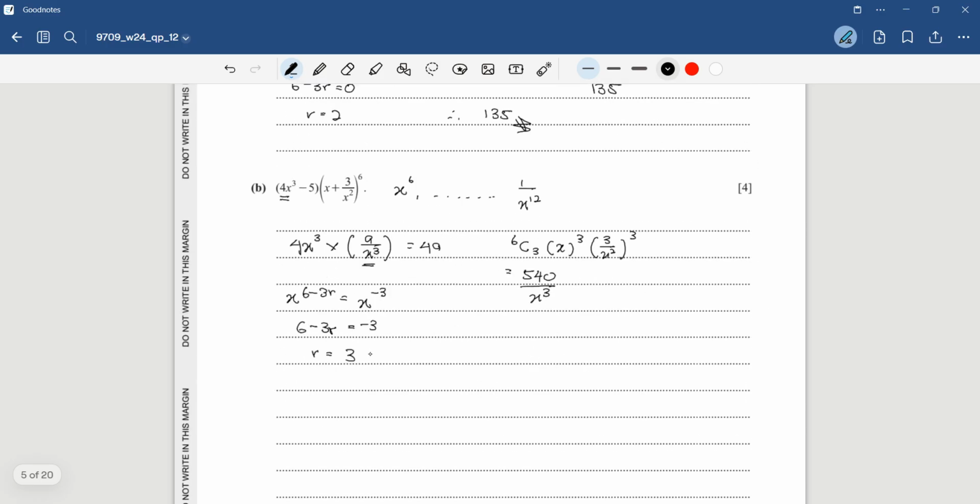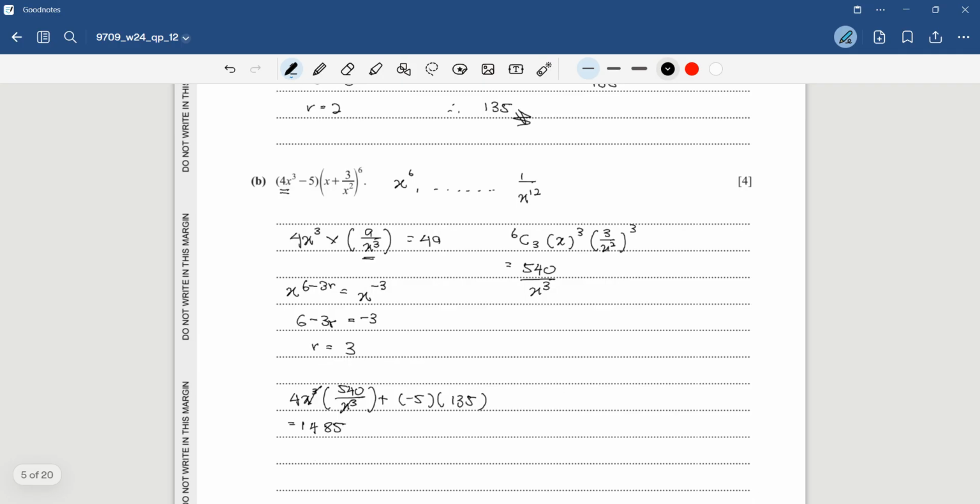Therefore, the independent term will be 4x cubed multiplied with 540 over x cubed plus negative 5 multiplied with 135. Okay, so x cubed will cancel, therefore it will be 1485.